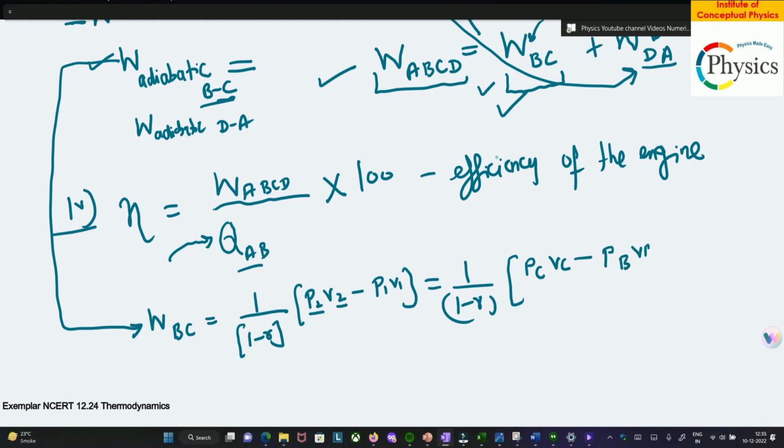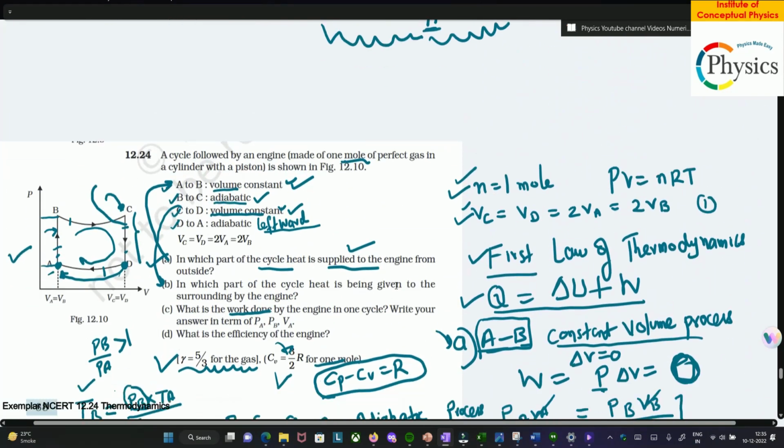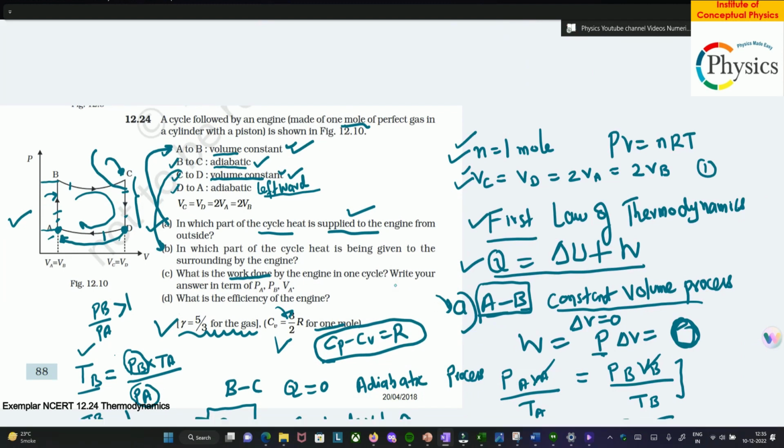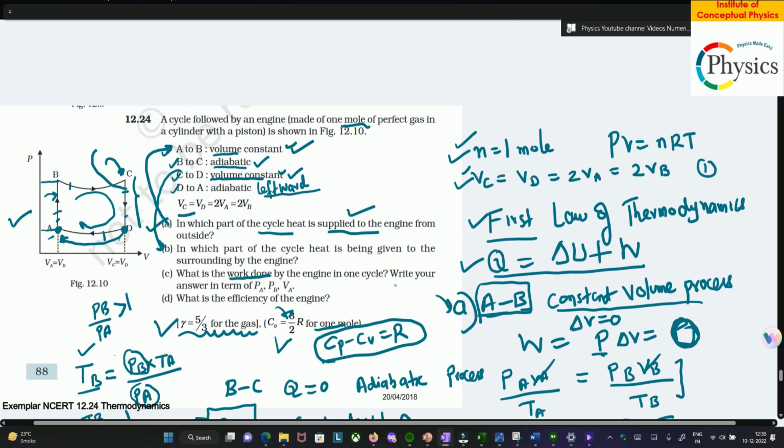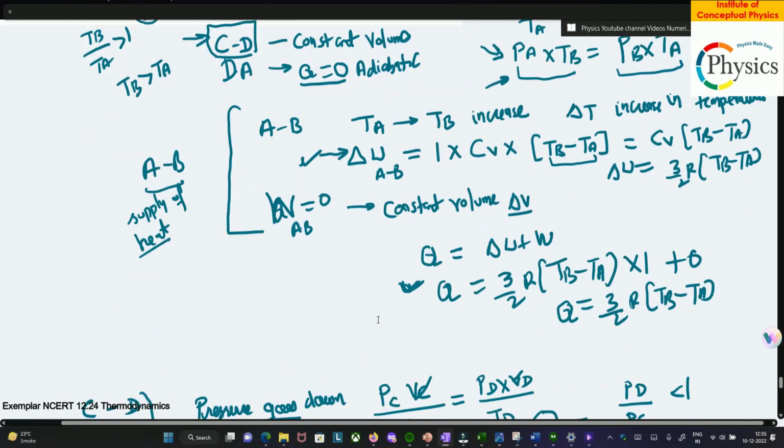So let's look into what is known to us, the relationship between VC and VB. If I go back to the numerical, I know the relationship between VC and VB, right? So I will replace VC with 2 times VB because I want all the answers in terms of A and B. I don't want any answers in C and D. So VC, I can write as 2VB.